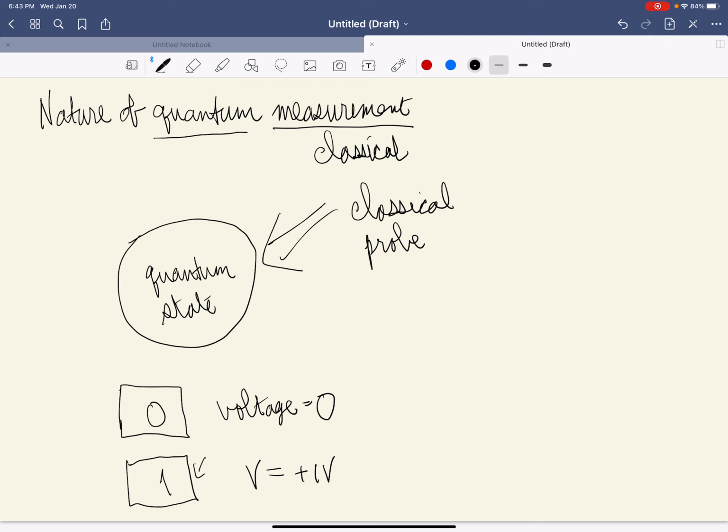Okay, so in classical measurements, as would completely agree with our everyday expectation, what we measure is what was there to begin with. So let me phrase that one more time in a slightly different way. If I measure a zero, that's only because the thing that we were trying to measure was really in a state of zero.